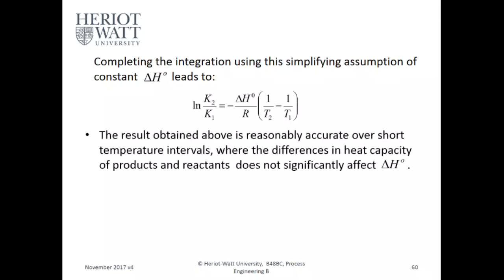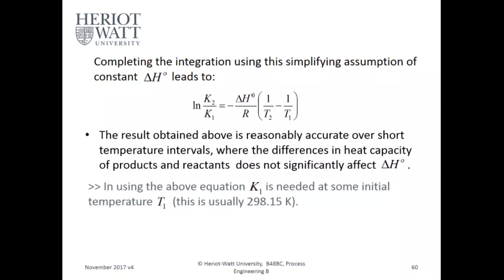The result obtained above is reasonably accurate over short temperature intervals. So if you have small temperature differences, you can assume delta H is constant, where the difference in the heat capacity of products and reactants does not significantly affect delta H.